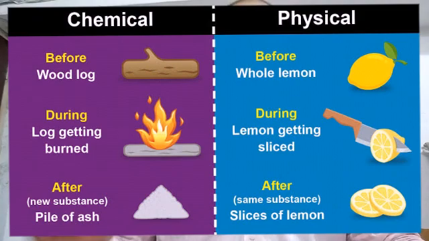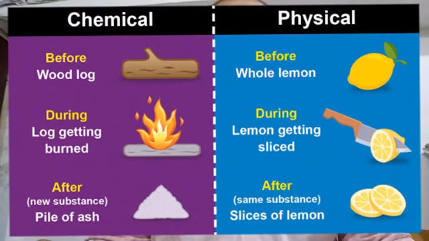Shape, size, color and state of a substance. So if any change occurs in these properties of a substance, that is considered a physical change.